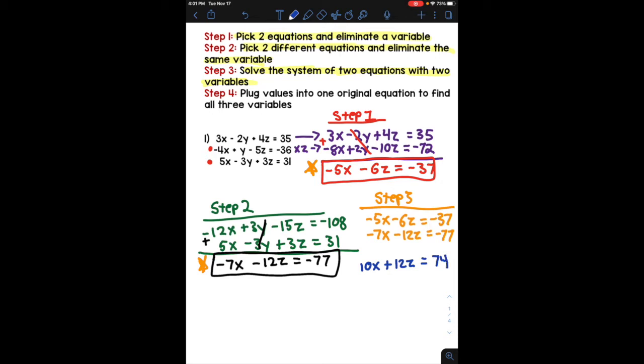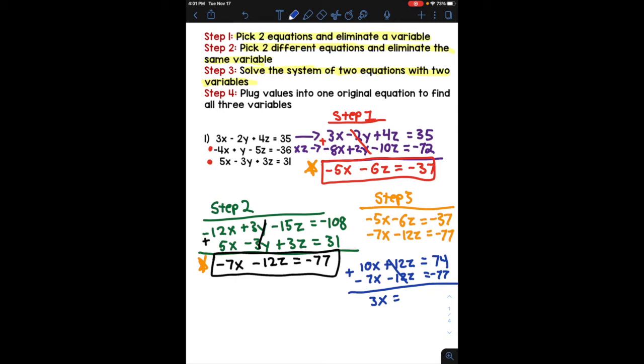I multiplied by a negative 2 so that when I copy the second equation, I could then just add my 2 equations together to eliminate the z. 10x and negative 7x is going to give us 3x. 12z plus negative 12z cancels out. It's 0, so we're just left with x.